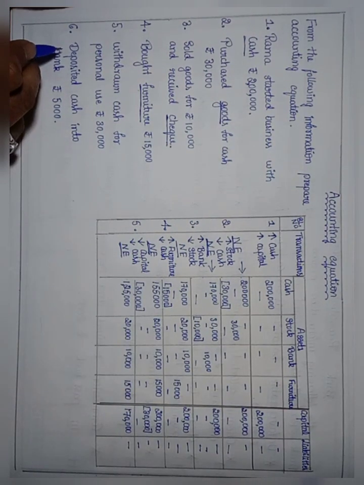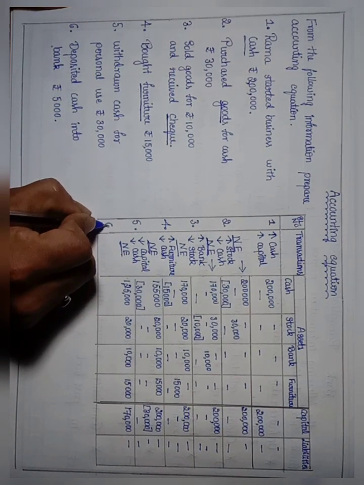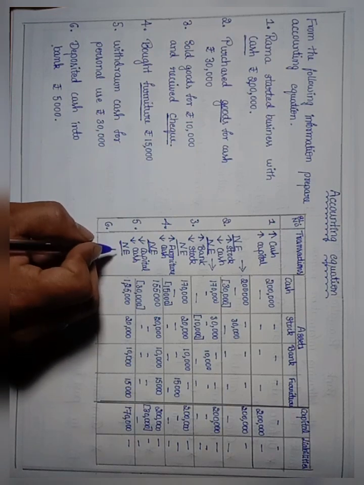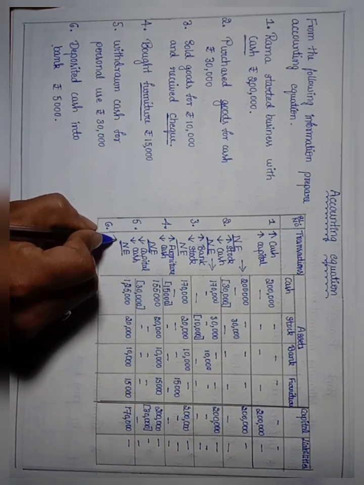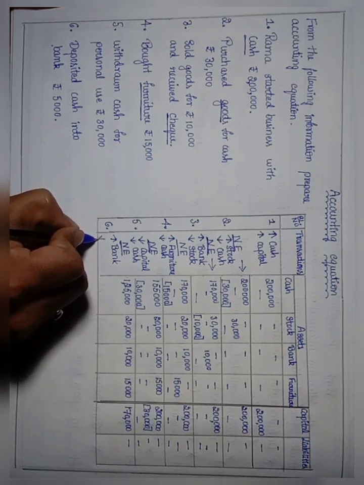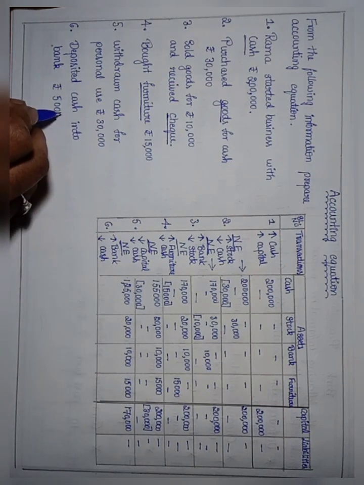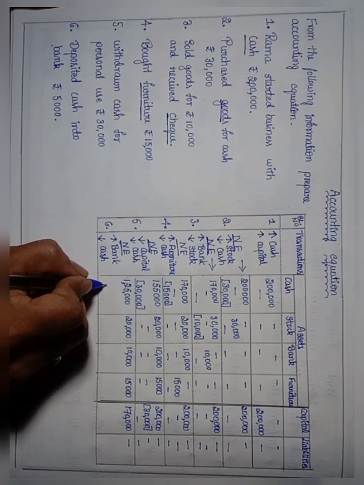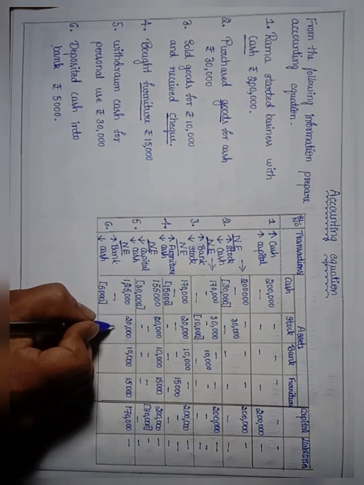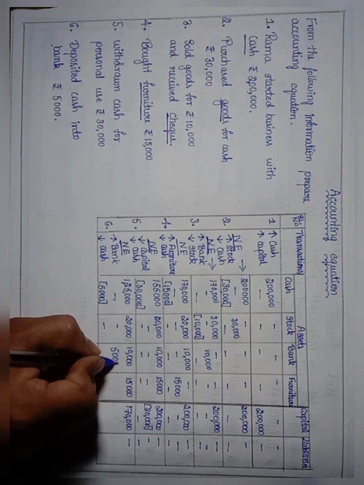Then finally we have one more transaction, that is deposited cash into bank. So here what we are doing means we are depositing certain amount into bank account, so it will increase bank balance and it will decrease cash balance. So we are depositing 5,000, which means cash balance will decrease by 5,000, bank balance will increase by 5,000.